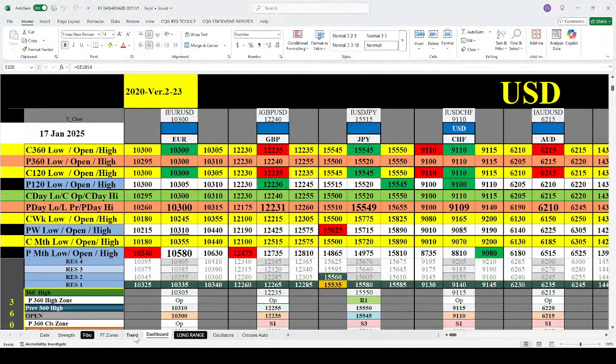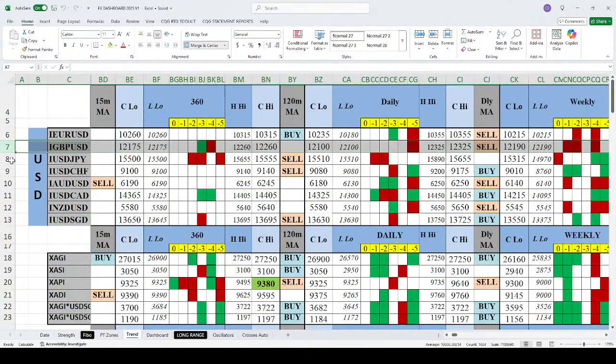Okay, dollar yen, we are seeing the trend flat with the downside view. Okay, downside view, daily flat with the downside view, weekly in a downtrend. So we should be going for a sell, cautious sell, or sell and hold.